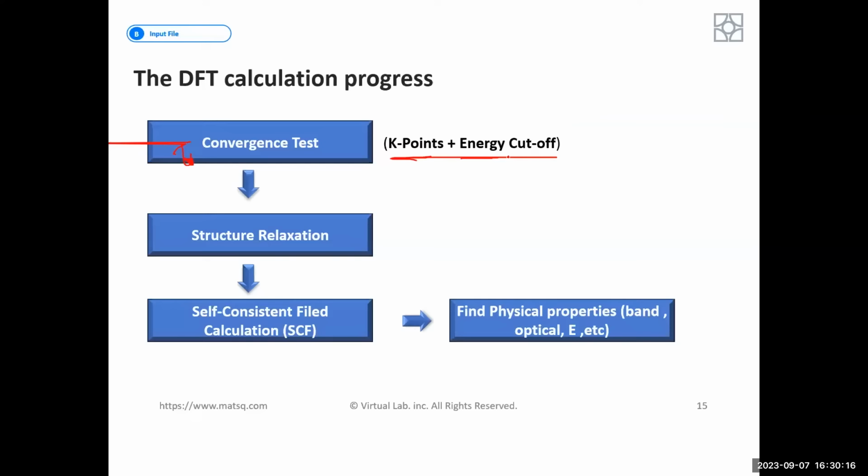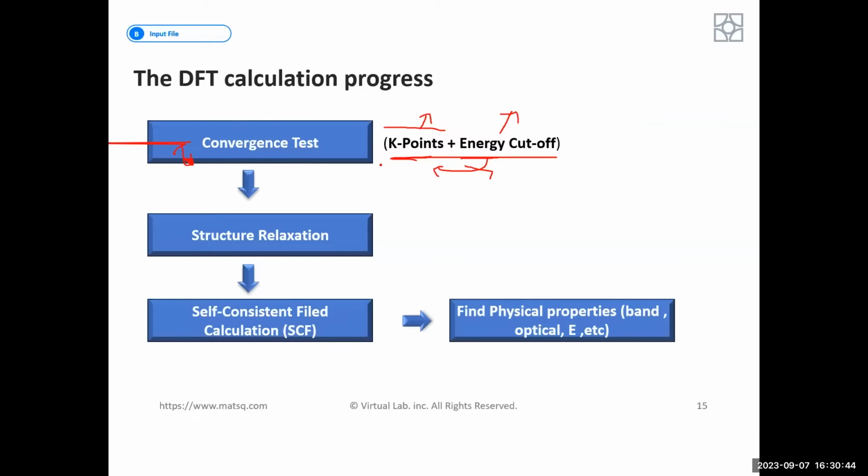This is what we call the convergence test. For example, if I increase the K point as much as I want, and increase the energy cutoff as much as I want, of course, this is good, especially for the K point. When you increase the K point, the accuracy increases. But at the same time, the calculation cost would increase extremely. So it will be a very costly calculation. So you have to find a trade-off balance between the energy cutoff and K point by following the convergence test.